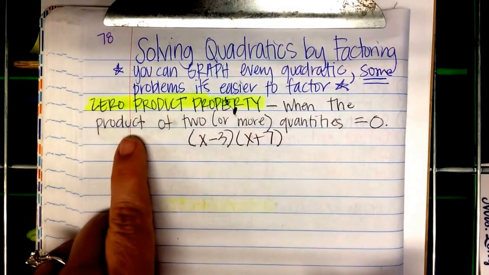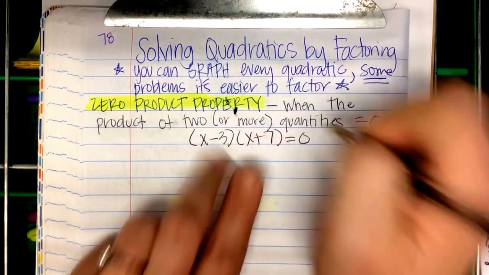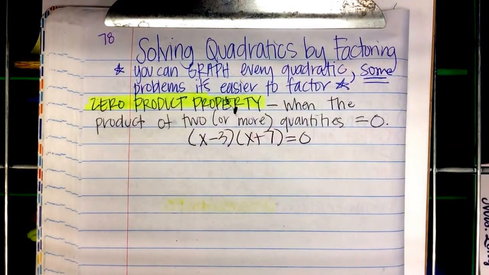So I'm multiplying, the product of two or more quantities equals 0. This equation up here has an equal sign, so it's an equation, and it shows us the zero product property. Two quantities that are multiplied together that have a product answer of 0.